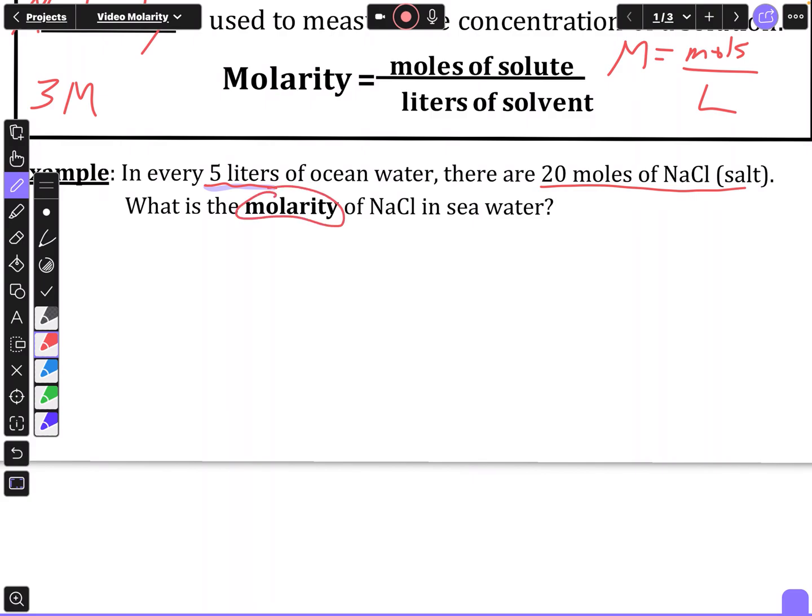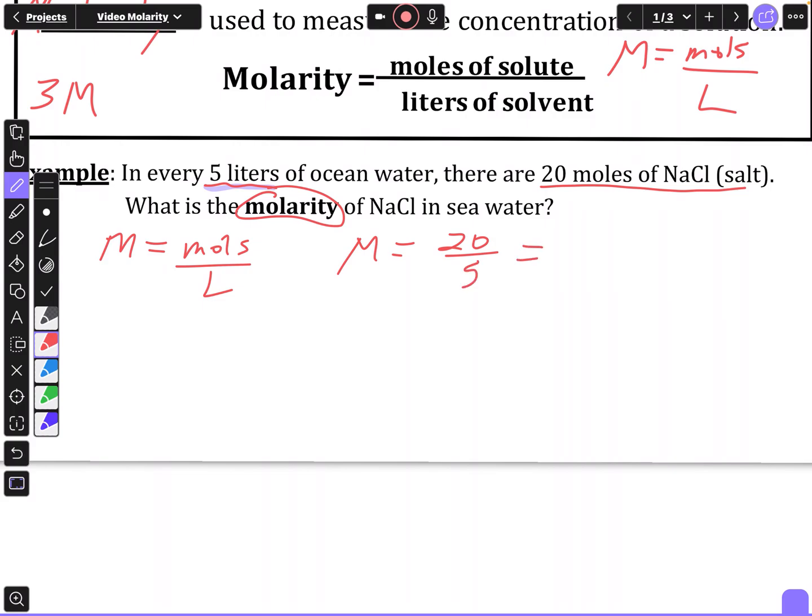So I'm going to start off with my equation, and it's a capital M. Molarity equals moles of solute over liters of solution. And I'm going to plug these in and then solve for the unknown. I'm just going to be using algebra. It's a very simple equation to work with. So I'm solving for molarity, so I'll just leave that as an M. That equals my number of moles, which is 20, over my liters of solution, which is 5.